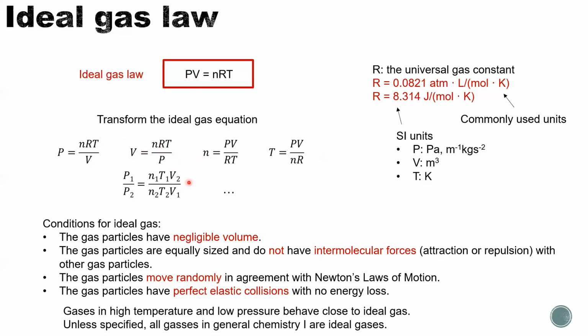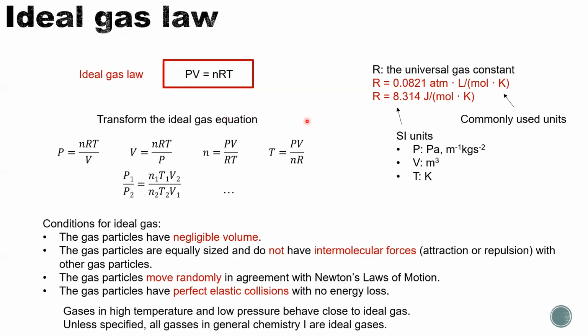And you also are expected to establish a relationship between two different sets of gas, say P1 over P2 equals n1T1V2 over n2T2V1. Something like that. Because the ideal gas law includes all the previous gas laws, it's your option to either use the ideal gas law to solve a problem or apply individual gas laws. It's just your personal preference.